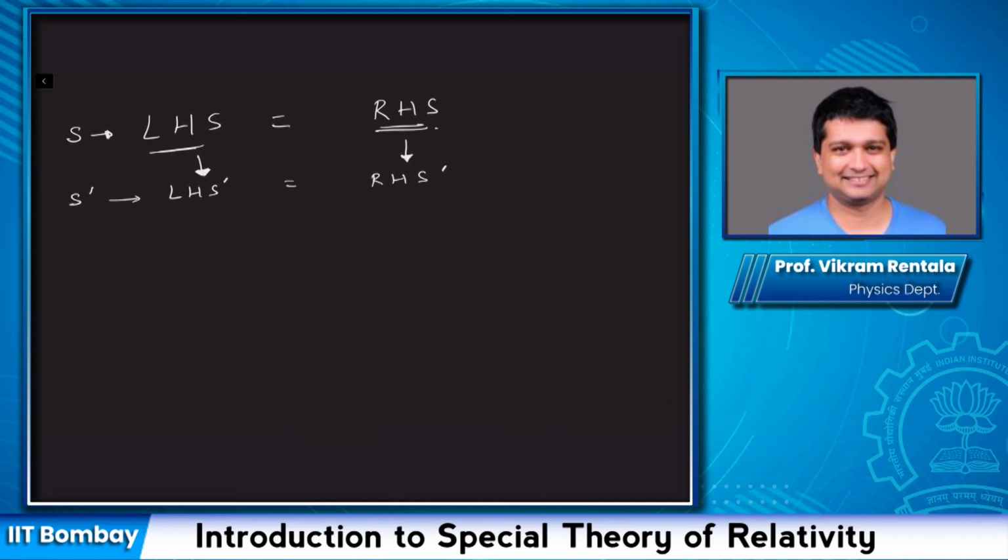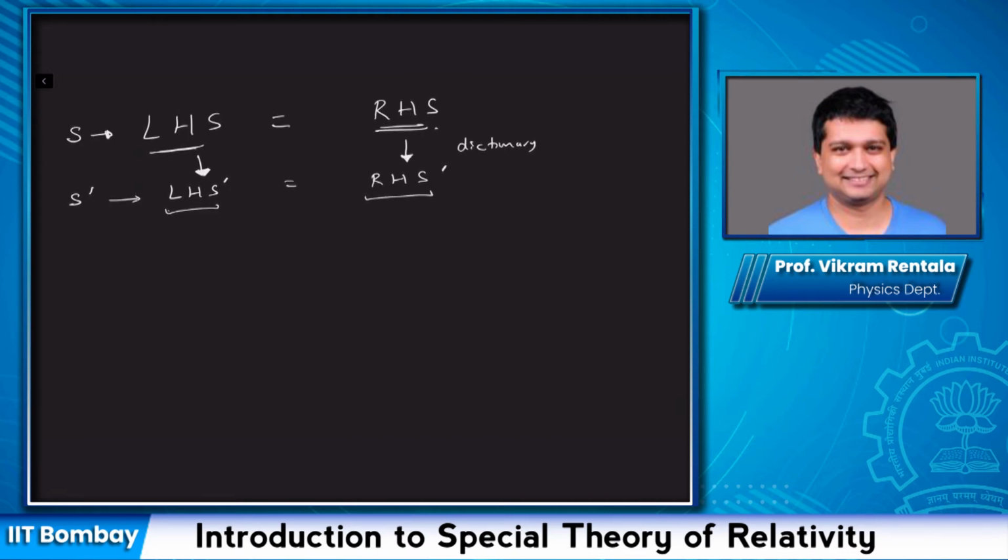So using my dictionary, my dictionary tells me how to relate the left-hand side of this equation to the left-hand side of the equation in frame S prime. And the right-hand side, I can also figure out using my dictionary how to transform it into the right-hand side in frame S prime. Now, the important point is that the form of the physical law should remain exactly the same.